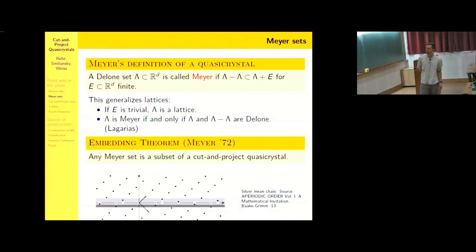Right, so this is again some very strong rigidity. You start with some pretty general set, but actually it has to come from some projection construction of some real lattice.